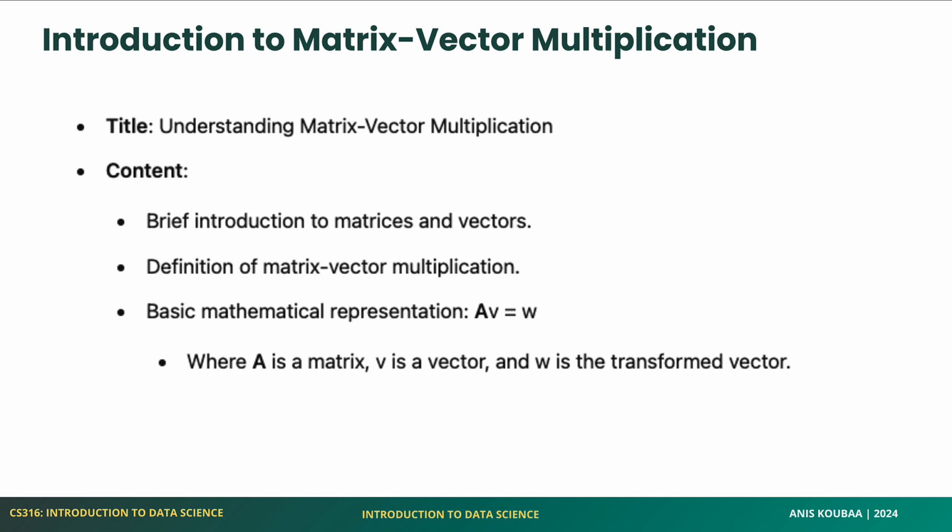So let's get started. Before starting with this, we need to introduce matrix-vector multiplication. Usually when we have a matrix, for example n by n or n by m, and we multiply it by a vector, it results in another vector. This vector w is a transformed version of v.